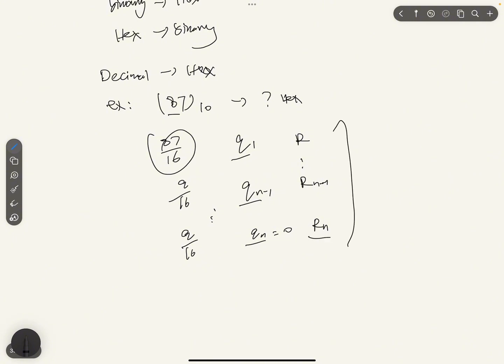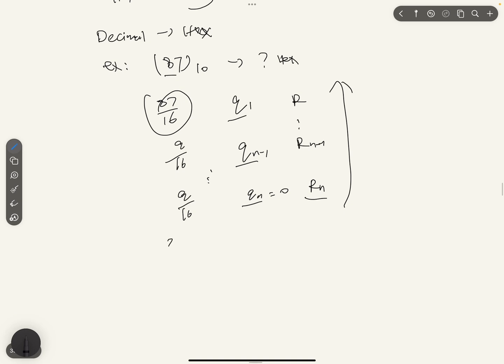Now we just need to take the remainders in reverse order. So now let's do it. We have 87. Let's divide by 16. So we have 5, that will give us 80. So the remainder is 7.